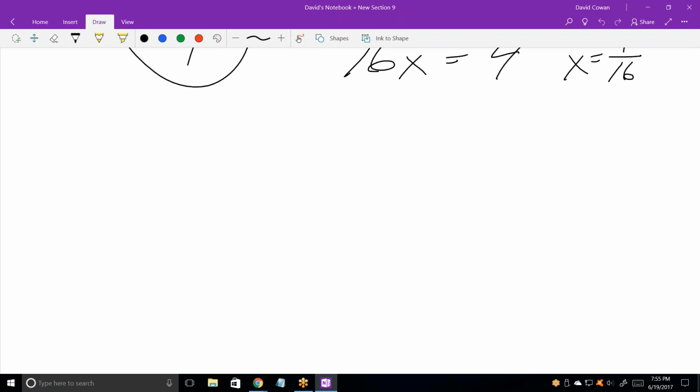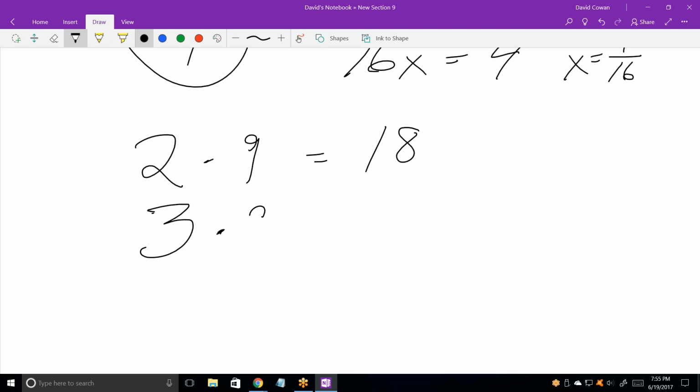If I take 2 times 9, my answer starts with a 1, and the next digit has to be an 8 because those 2 numbers have to add to 9. If I take 3 times 9, first digit's a 2, always 1 less than this. Next digit has to be a 7 because they have to add to 9.